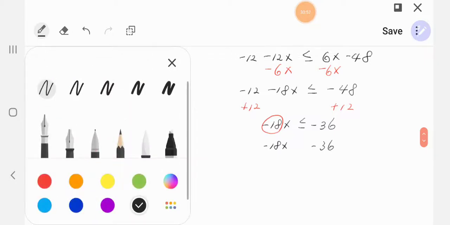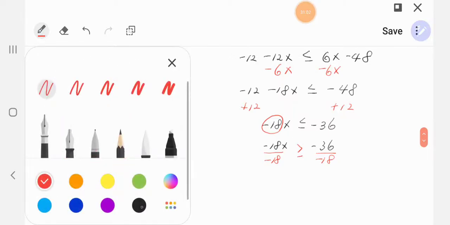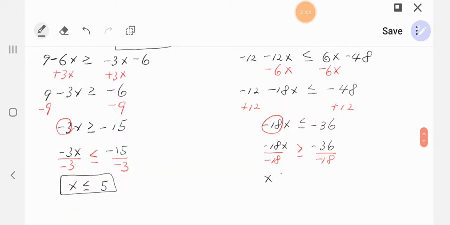So I want to divide this by negative 18. Dividing by a negative number, so we have to flip the symbol. So finally, x is greater than or equal to negative, which is positive 2. So x is greater than or equal to 2.